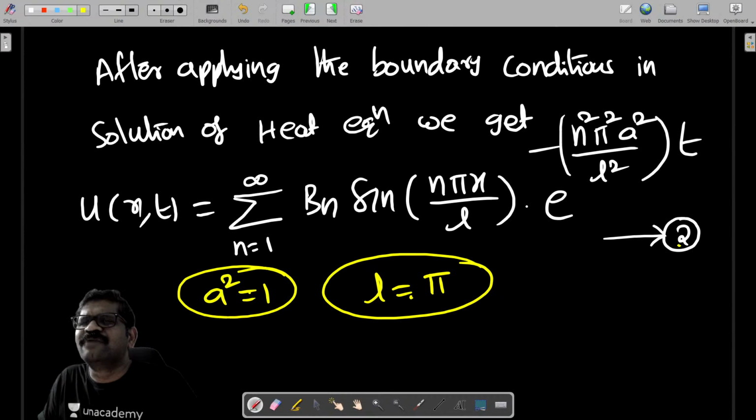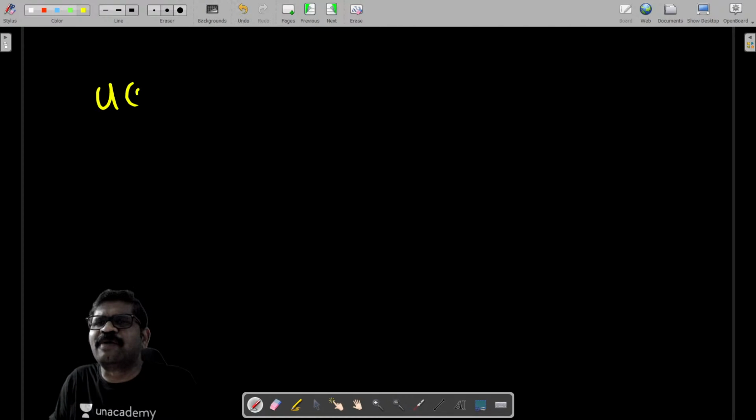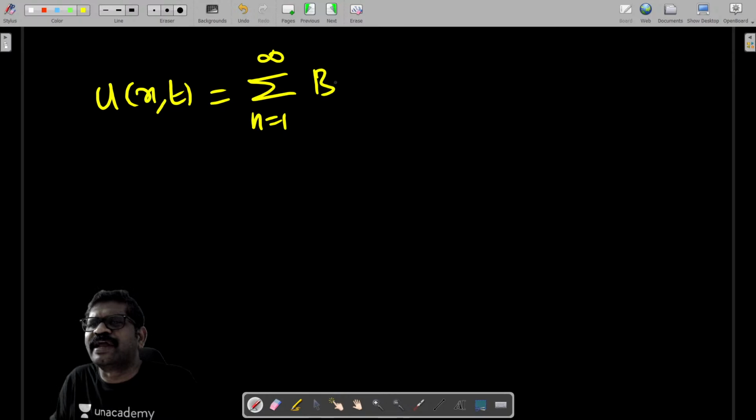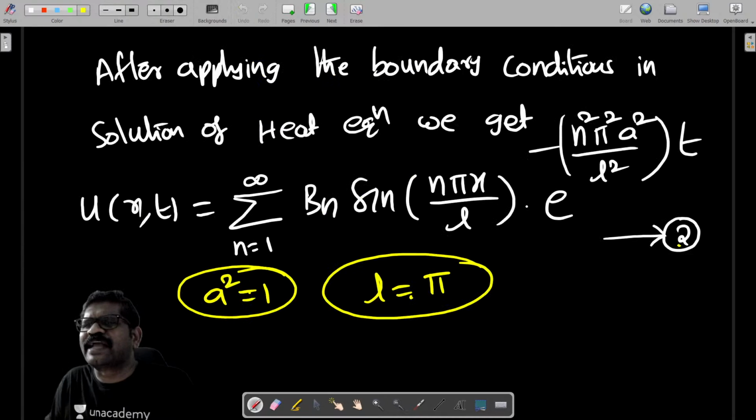Now, if you substitute a square equal to 1 and L equal to pi, we get u of x comma t equal to sigma n equal to 1 to infinite bn sin n pi x by L. If L is pi, pi cancel, then nx will come.